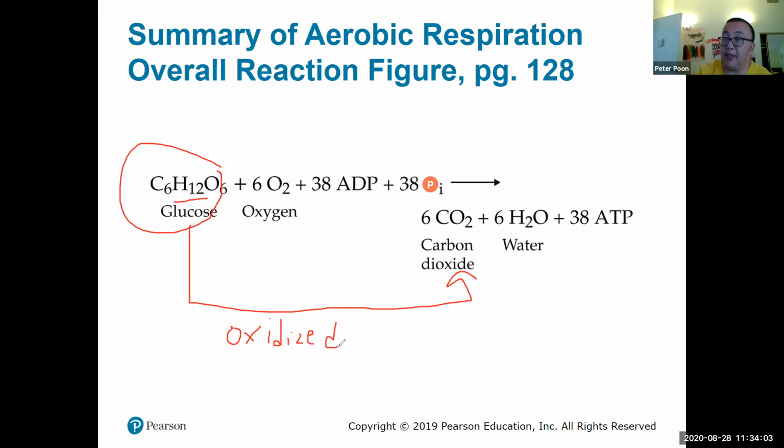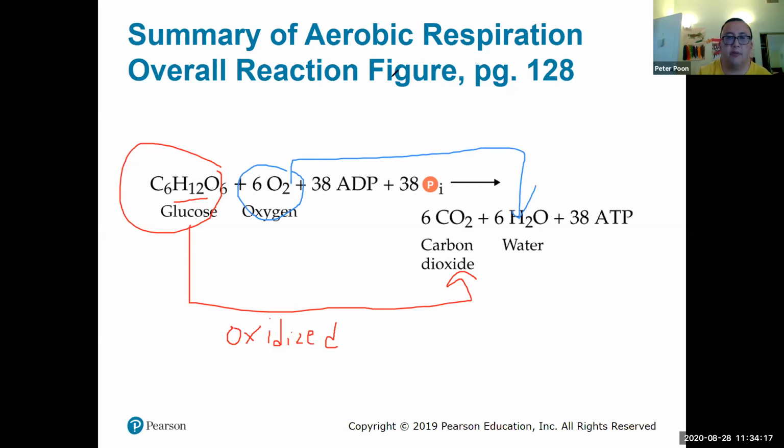If something gets oxidized, something else needs to be reduced. So we'll put that one in blue. Oxygen gets reduced to water. That is reduction. The sugar gets oxidized into carbon dioxide. The oxygen gets reduced to water. This oxidation reduction reaction generates 38 ATP.